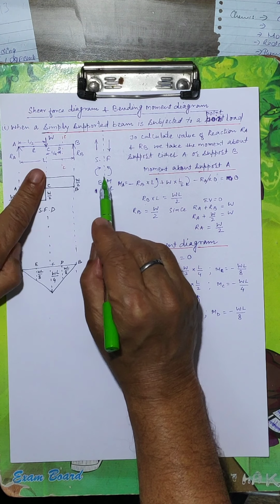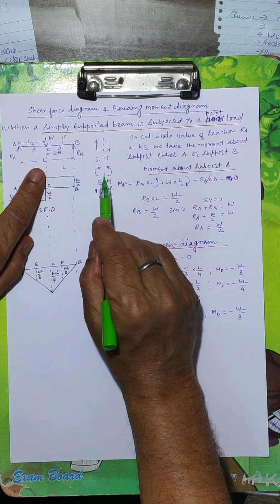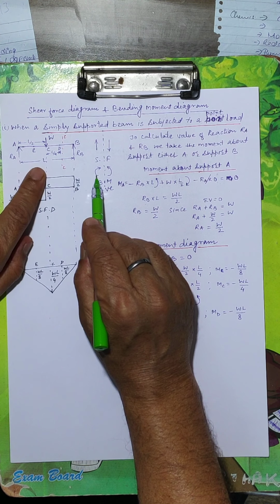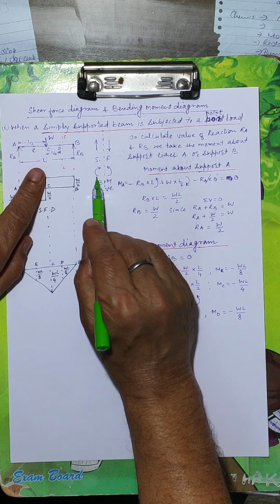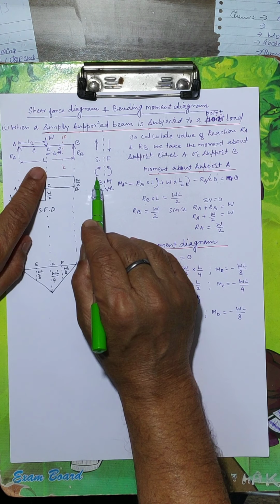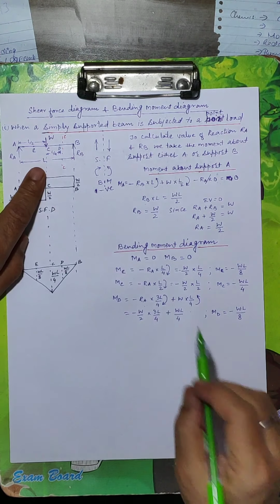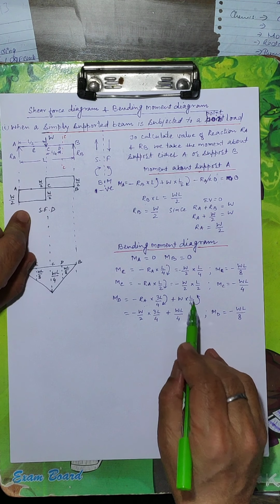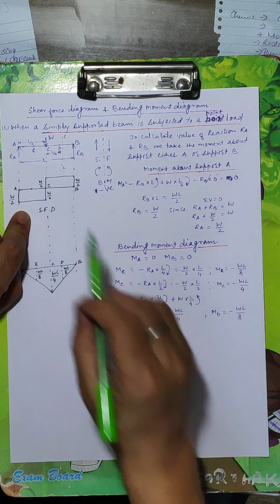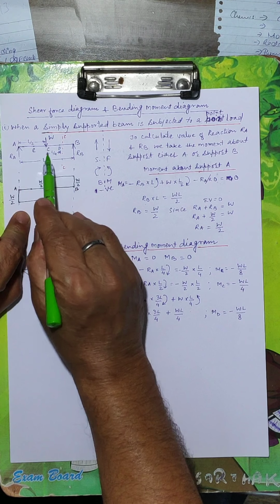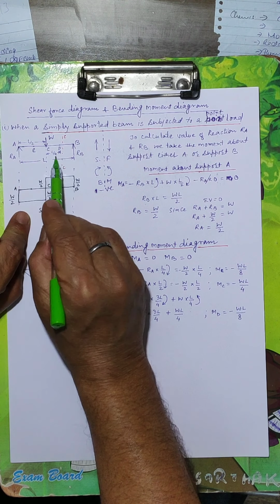This moment on the left side of the section is anti-clockwise, then clockwise will be negative, anti-clockwise will be positive. So W into L by 4. Distance from C to D, C to D is L by 4.